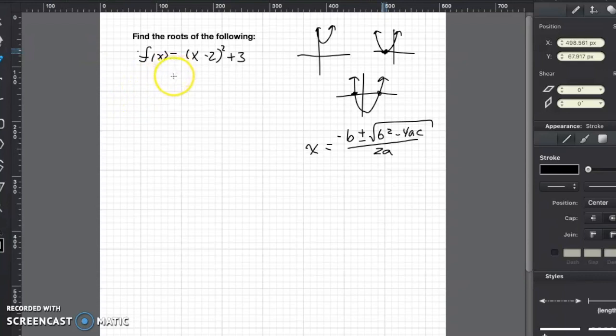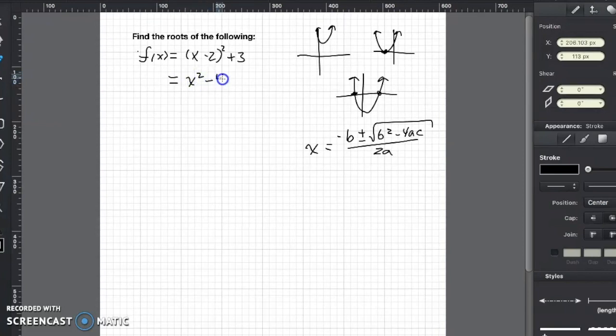First thing I want to do is change this into x squared minus 4x plus 7. If you want to watch that pro tips video to see how I'm doing all this amazing algebra, you can go ahead and do that, but I do it in my head.